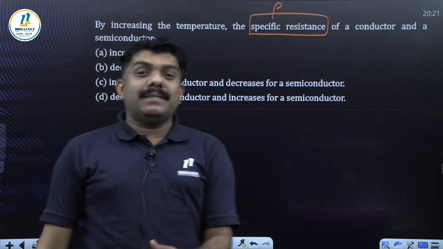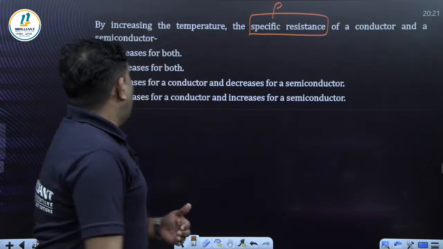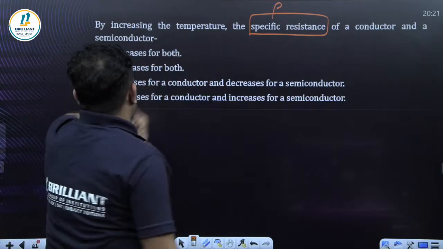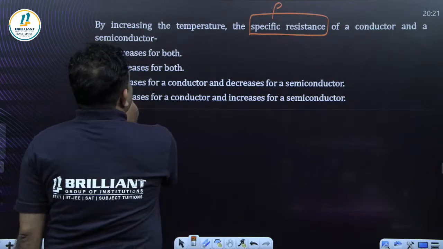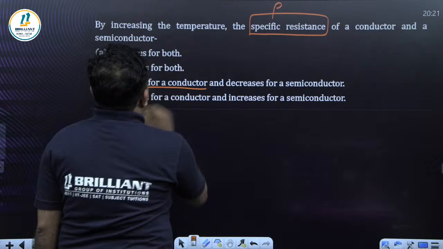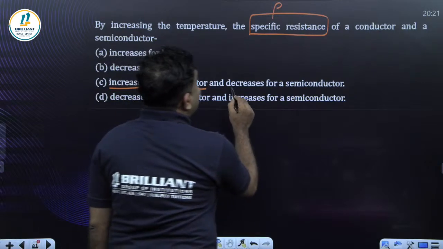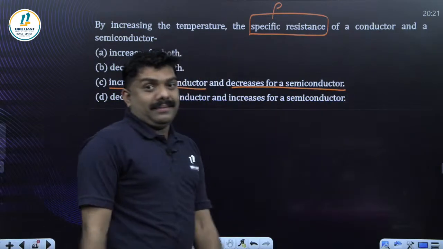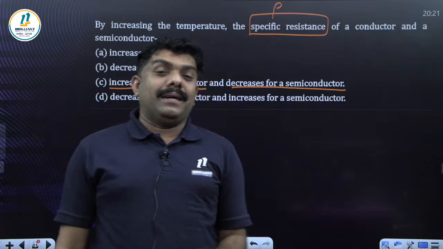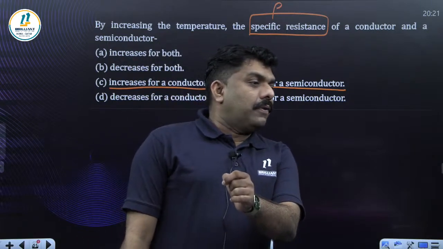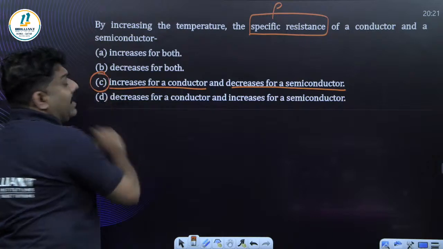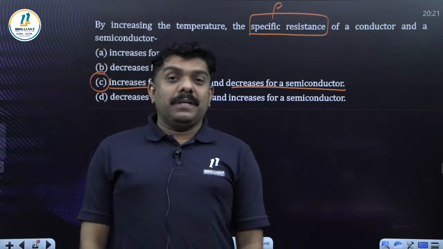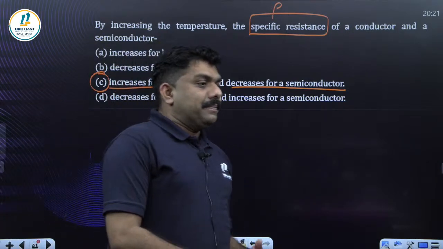Now we can say how they are changing. For a conductor it increases, and it decreases for a semiconductor. So the right answer is option C.